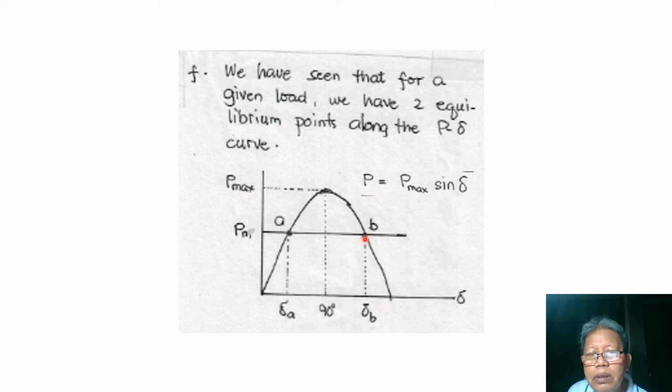However, if the rotor angle increases further beyond delta B, meaning at this portion, our generator is no longer stable. It is already unstable because at this point the mechanical power is less than the electrical power, and our generator will absorb power from the system instead of delivering power to the system.